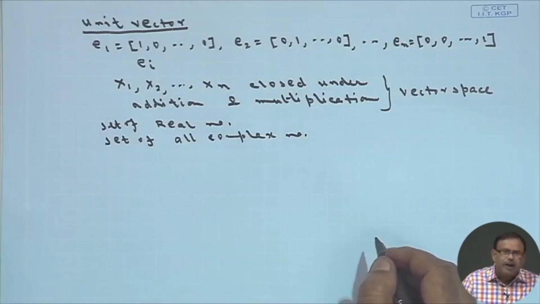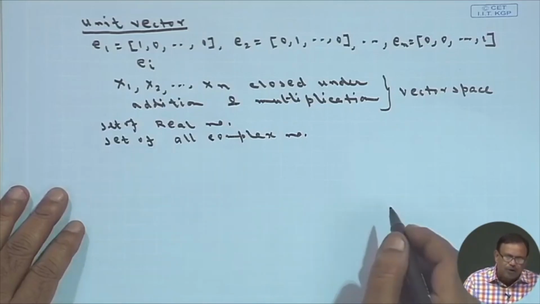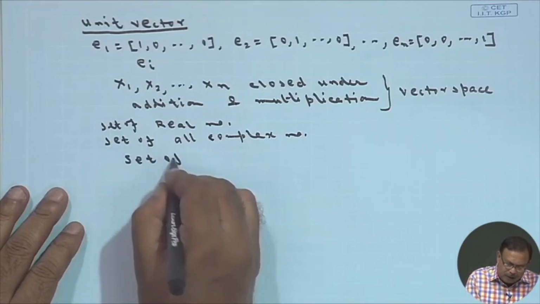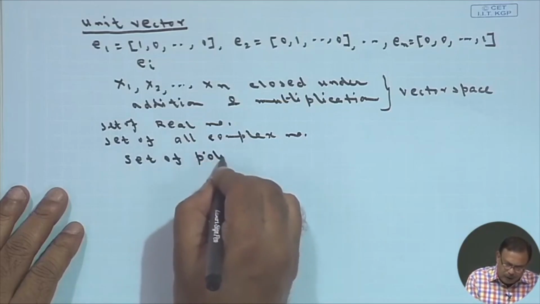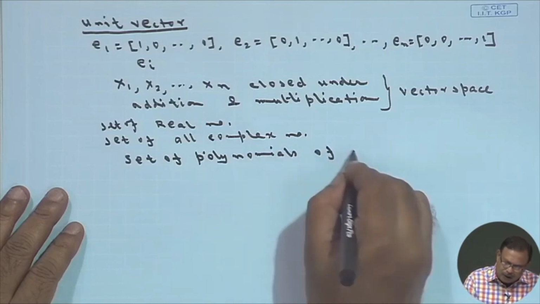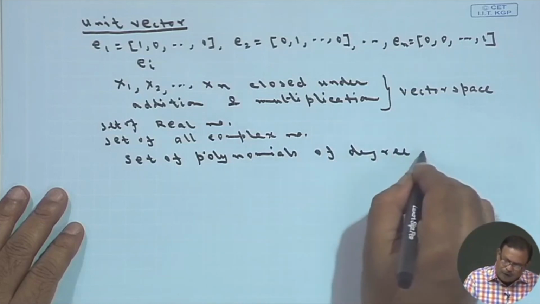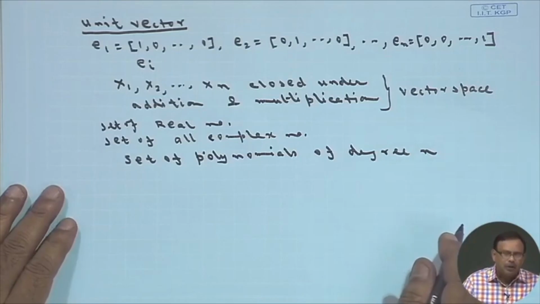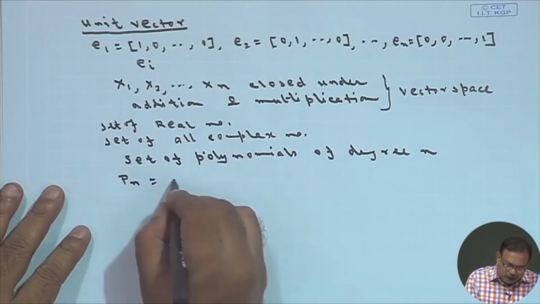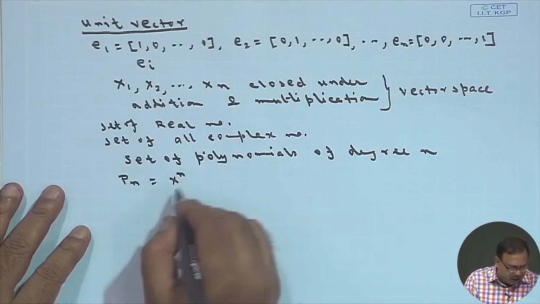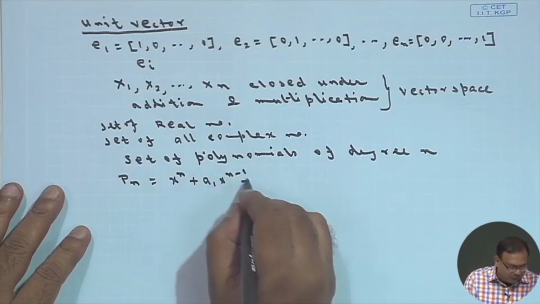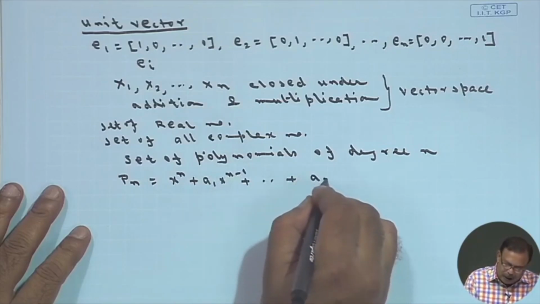Suppose I take the set of polynomials of degree n. What happens? Will it form a vector space or not? I can take any two polynomials of degree n like this: p n equals x n plus a 1 x n minus 1 and so on, plus a n.